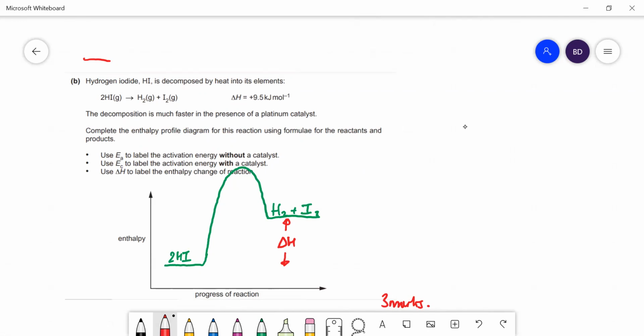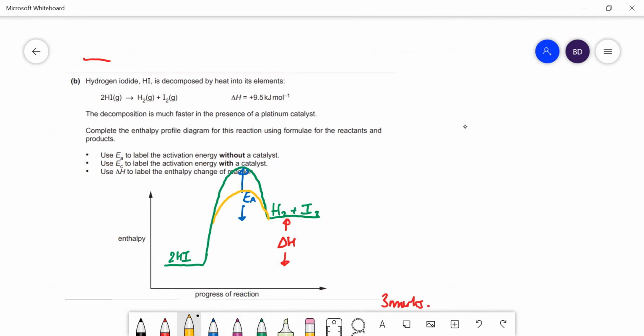The activation energy for the reaction without a catalyst is going to be this bit here. Call that EA. And with a catalyst, it lowers the activation energy. So I'm going to draw that slightly lower.